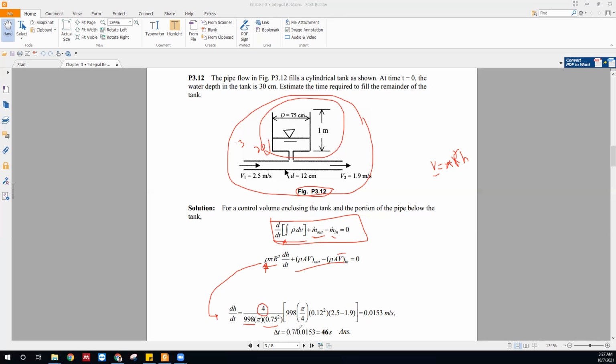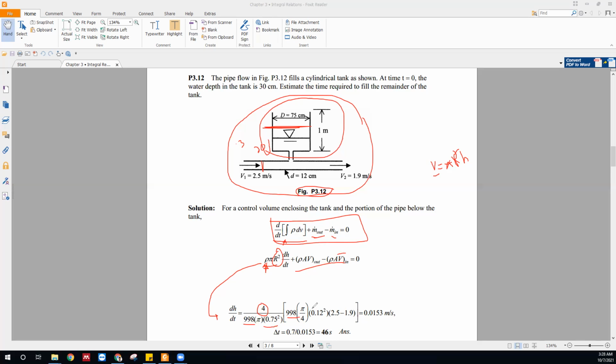At first the out and then the in. Rho A is constant, rho equals 998 and A is the area. Now this area is the cross-sectional area of the pipe, and that area is the cross-sectional area of this tank. So be careful: the out and in conditions are these two, and the accumulation condition is in this tank. So rho is 998 multiplied by A equals pi r square by 4.